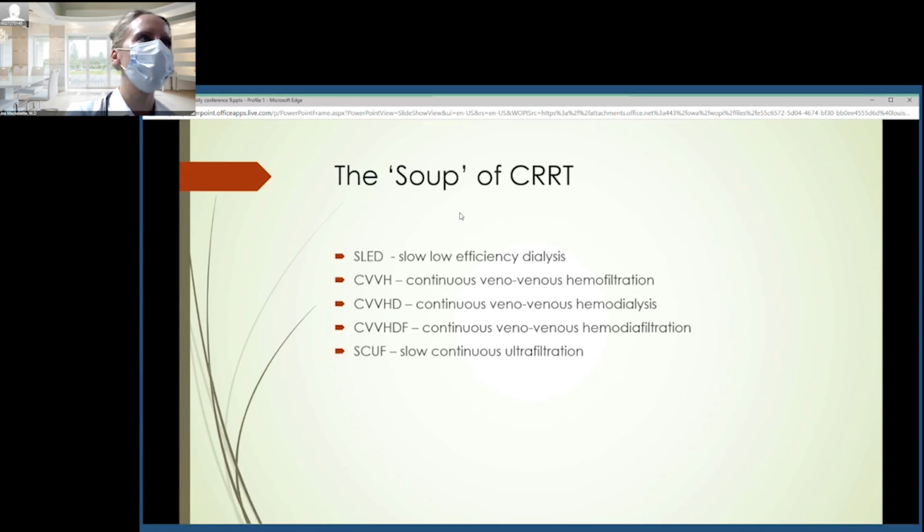So there are all these different kinds of continuous renal replacement therapy. There's SLED, slow, low efficiency dialysis. And that's the one that we do at University Hospital. It is done with regular dialysis machines, just a different chip. And it's very similar to regular dialysis.